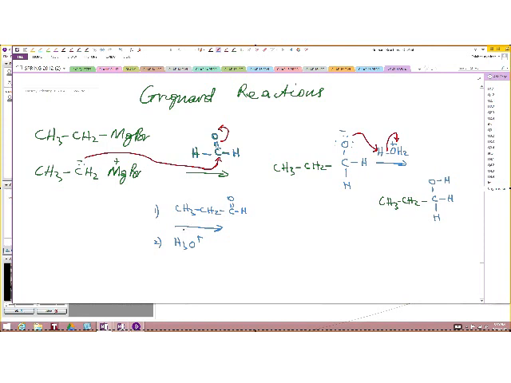Okay, what are we going to get? The Grignard comes here, attaches itself to this carbon here, and the hydrogen from the hydronium ion attaches itself to oxygen. So it's almost as though you are adding an alkyl group and a hydrogen across a carbon-oxygen double bond. Okay, so what do we have here? We have this. This is from the Grignard.